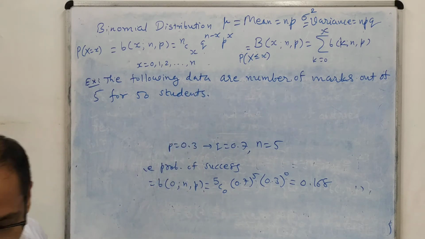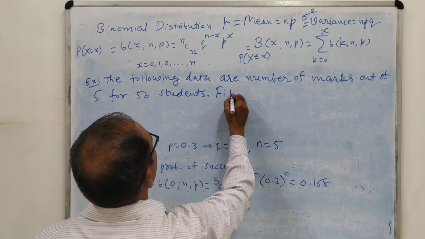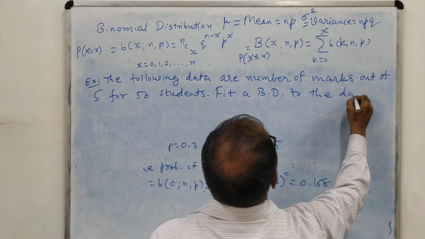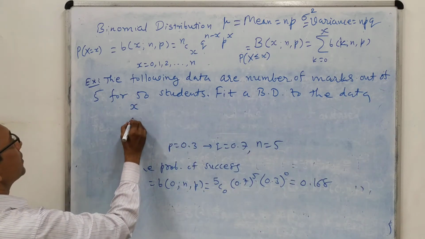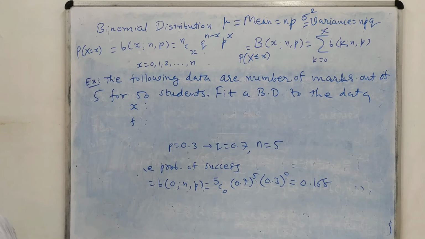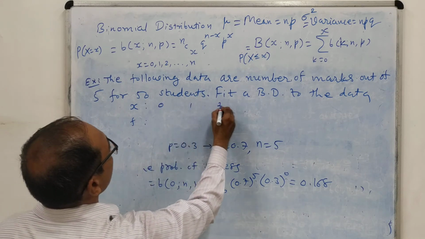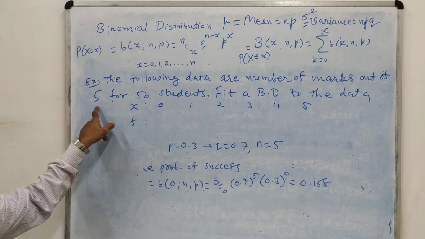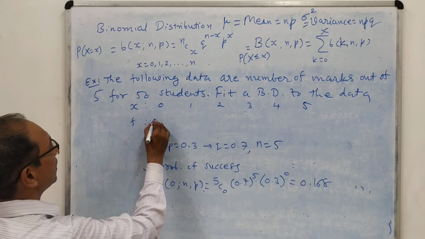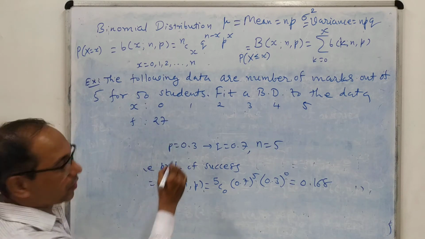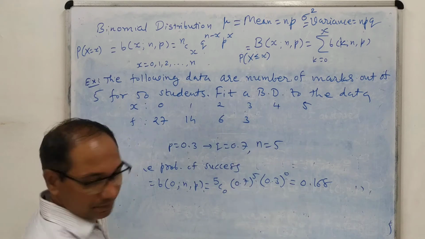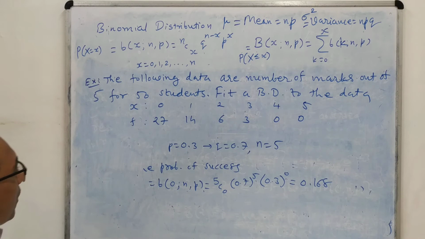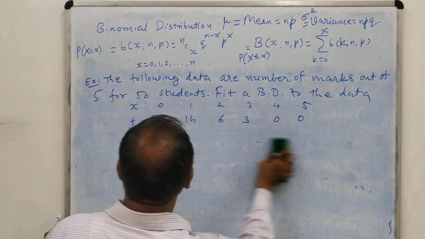Fit a binomial distribution to the data. We are given the data as x and f. So 0, 1, 2, 3, 4, 5. These are the values of x because maximum marks are 5. And frequency 27, 14, 6, 3, 0, 0.